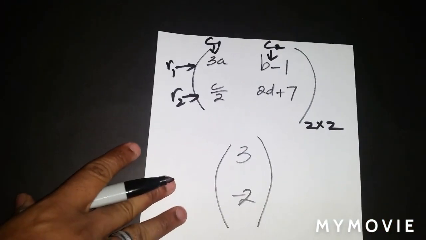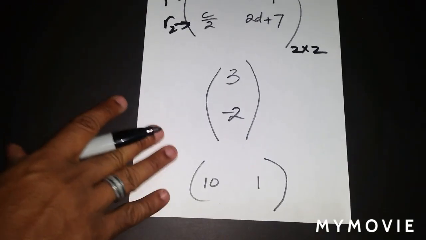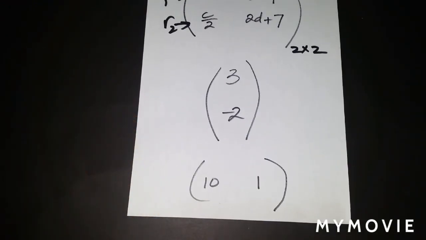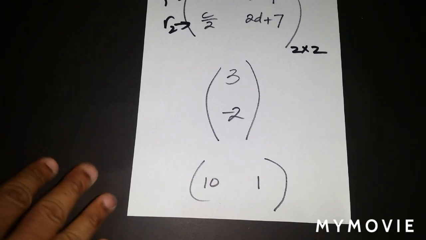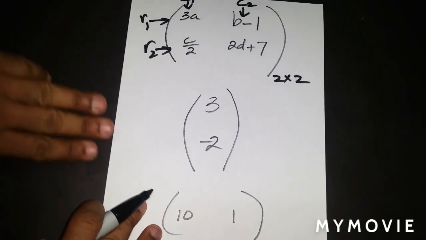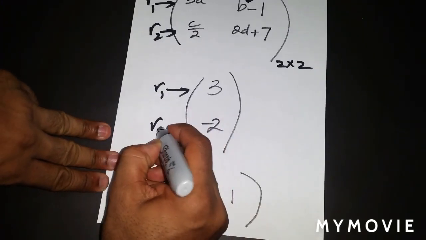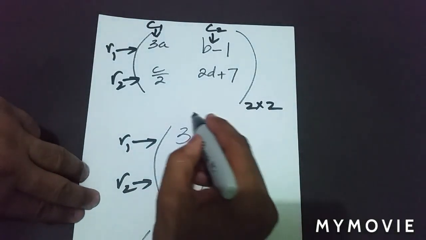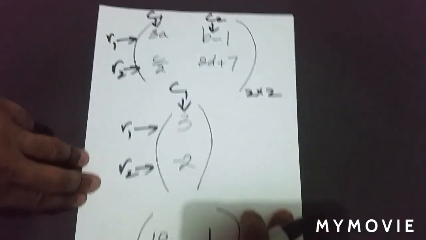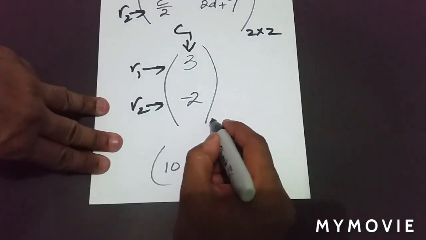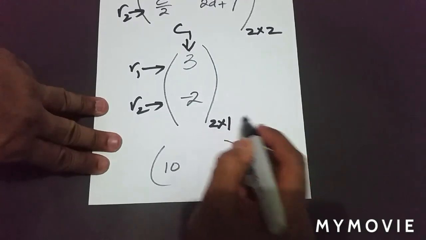Now, it's very important now. These two will emphasize the importance of stating the number of rows first. Now, when you look at this matrix here, we have 1 row there, 2 rows there, and we have 1 column. So the order of this matrix is 2 by 1.